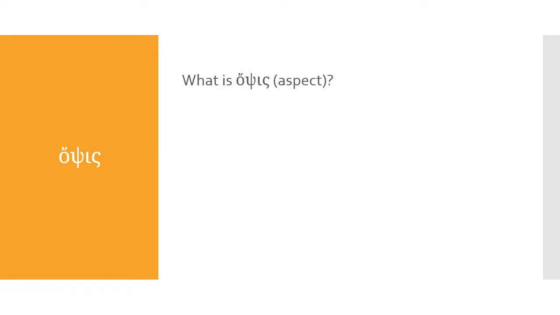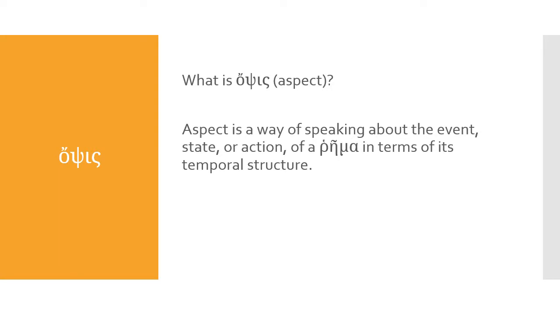So, aspect. What is opsis? Opsis, to be honest, is not an ancient grammatical term, but it is an ancient Greek word, opsis, and it seems a reasonable adaptation for what we mean by aspect. Aspect is a way of speaking about the event, state, or action of a rhema, of a verb, in terms of its temporal structure.